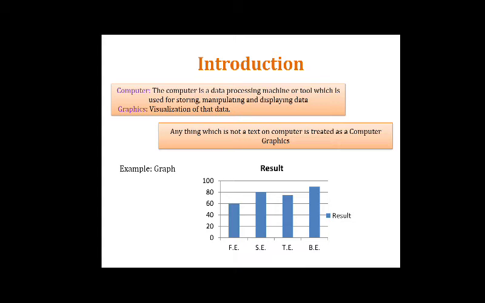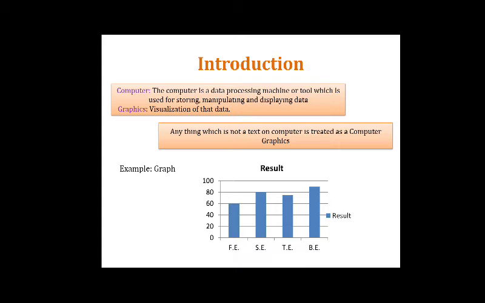Here we can see that the first year FE has a result of about 60%, second year has 80%, third year is about 75%, and the last year, the final year result, is very good, 85%. So this graph shows the result of my department. This is just an example, not the actual result.